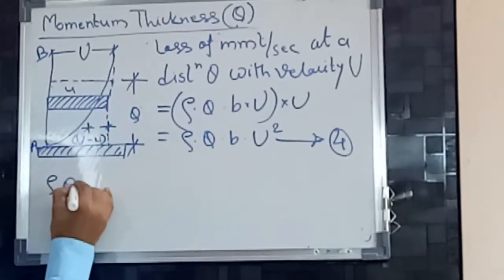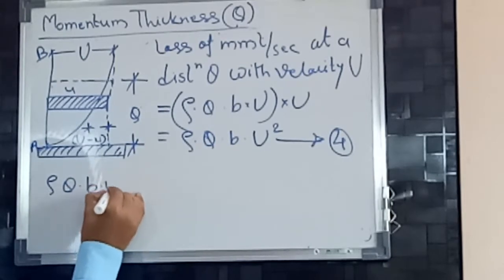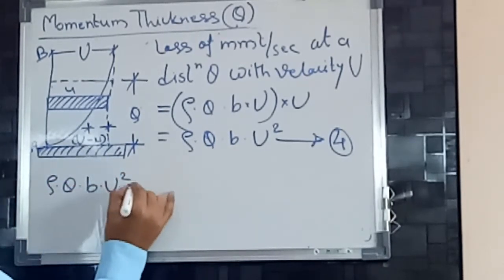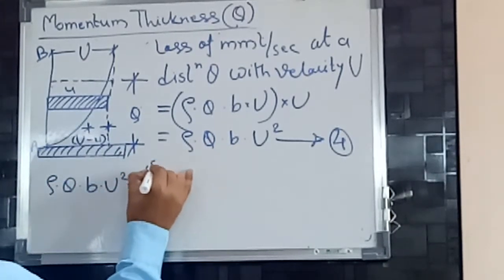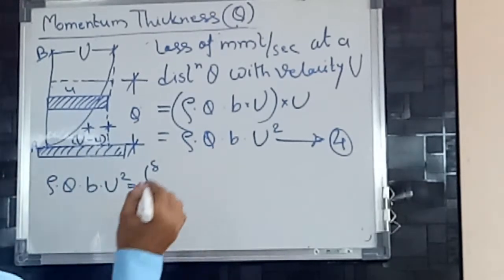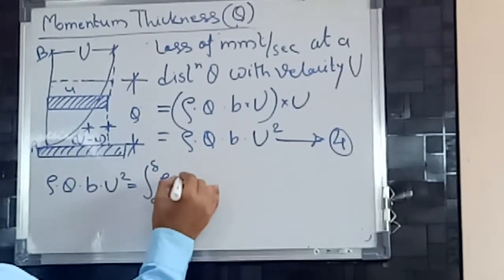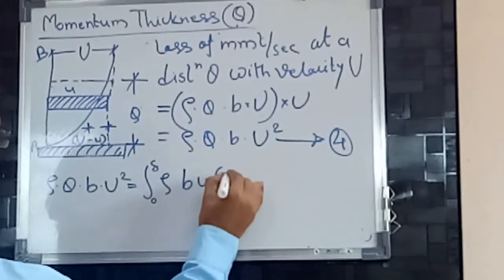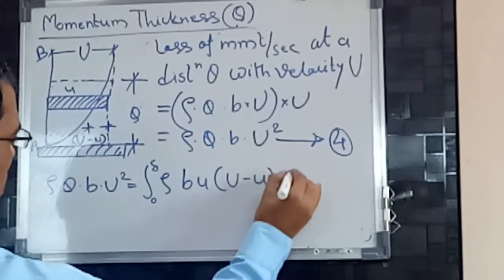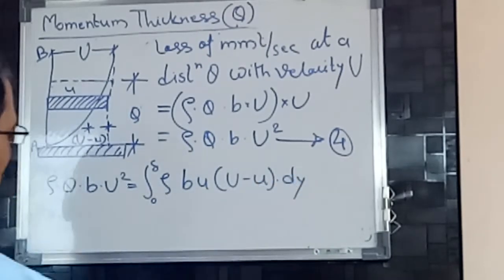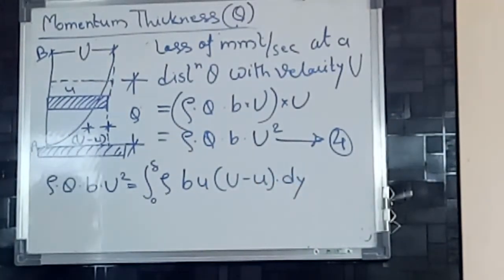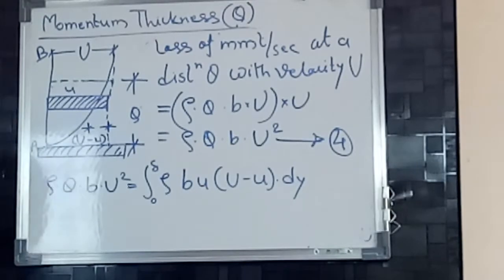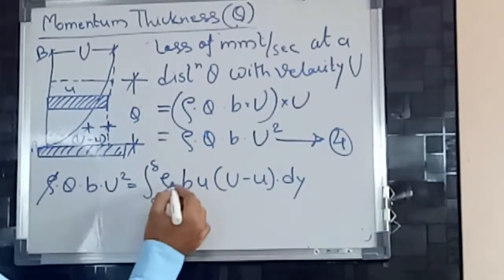Rho theta b U square equal to integration 0 to delta rho b u into U minus u dy. Now this will cancel, this will cancel.